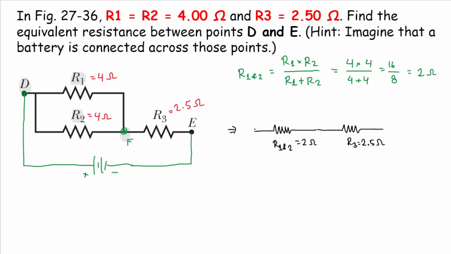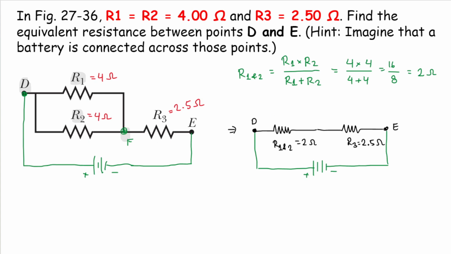And here is the point D, and here is point E. And remember that we connect our imaginary battery here. Okay, and the long one is the positive terminal, the short one is the negative terminal.